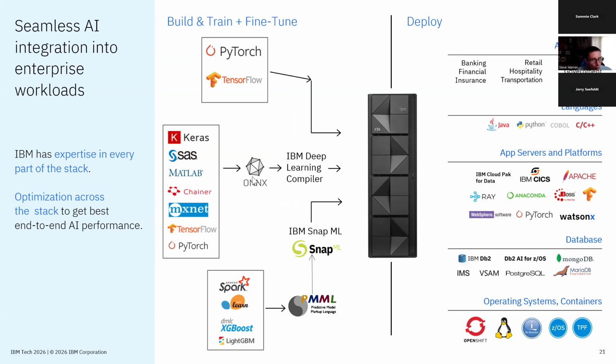They all are contributors to the ONNX specifications. So we're taking a format that is readily accepted in the industry and saying, if you have one of the models in one of these formats, you can convert it into ONNX, run it through something called our deep learning compiler, and it will run directly on Z. So very powerful capabilities.